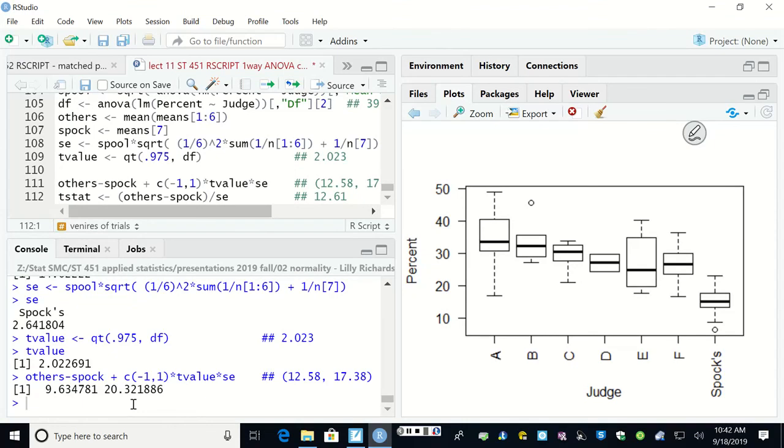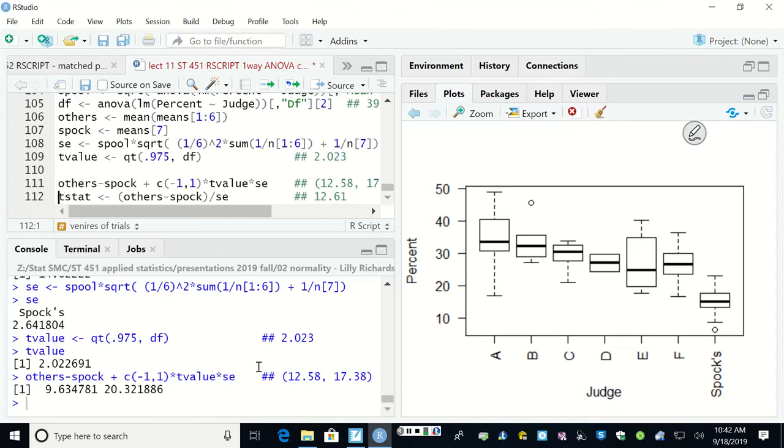So that's the difference, like the average difference between other trials and Spock's trials appears to be somewhere between 9.6 and 20.3% in terms of percentage female. So it doesn't include 0. It looks like a lot different.